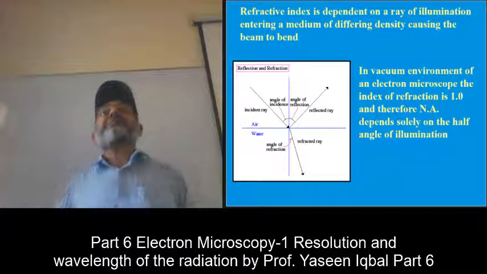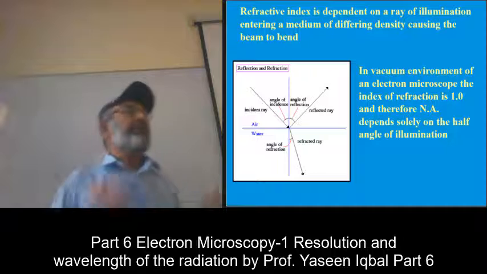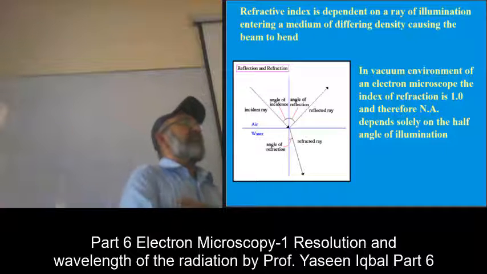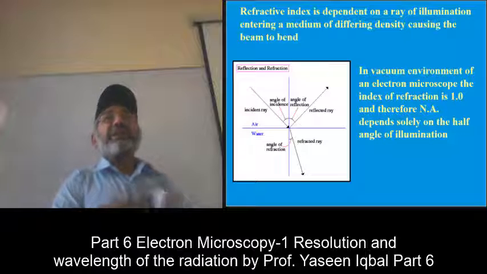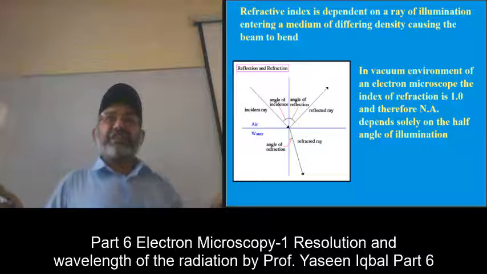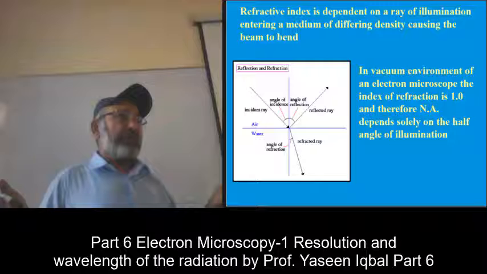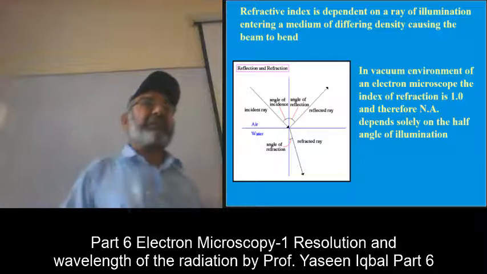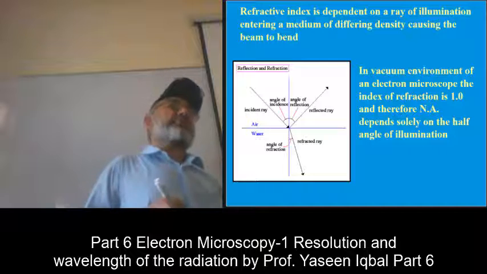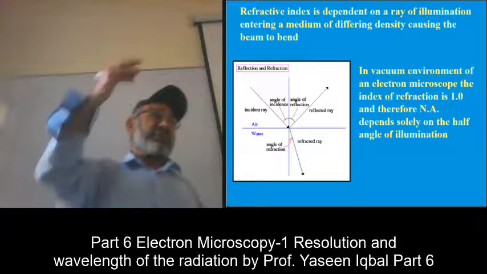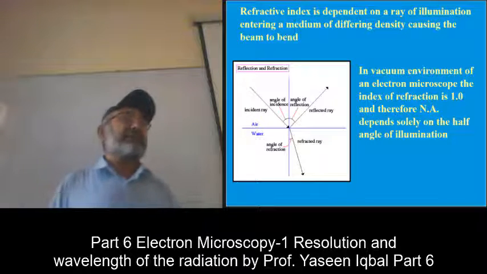So all the information you get from the electrons is because of your detectors, that is, how many detectors you have associated with your electron microscope. So never think that this microscope is allowing electrons to cause only secondary electron microscopy and not the others.